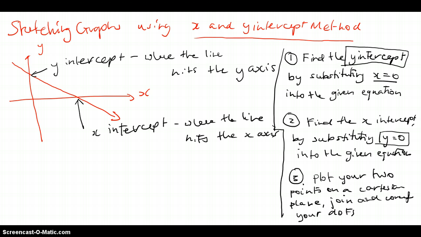So those are the 3 steps that we need when we're going to sketch a graph using X and Y intercept method. Hopefully now we can go on to an example.